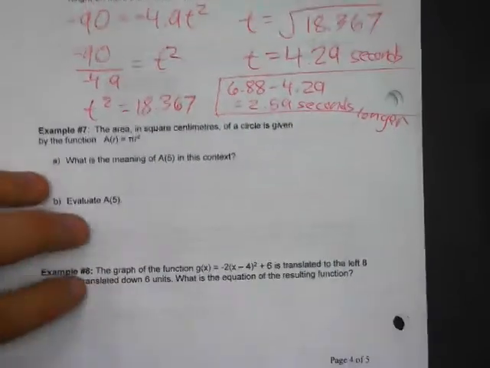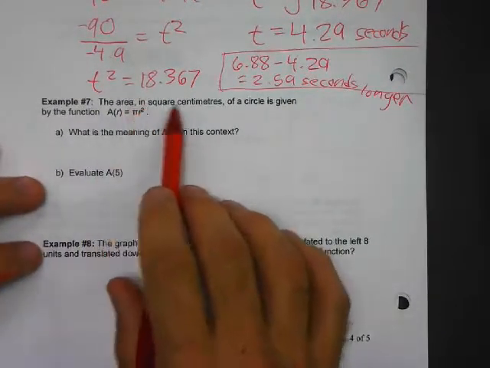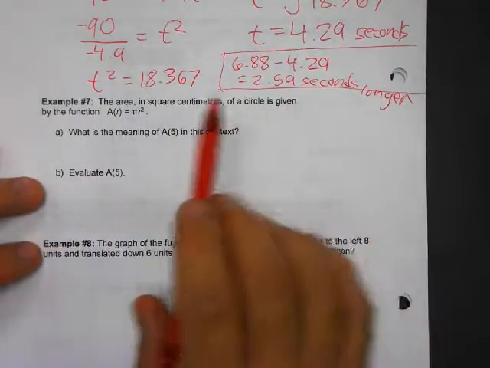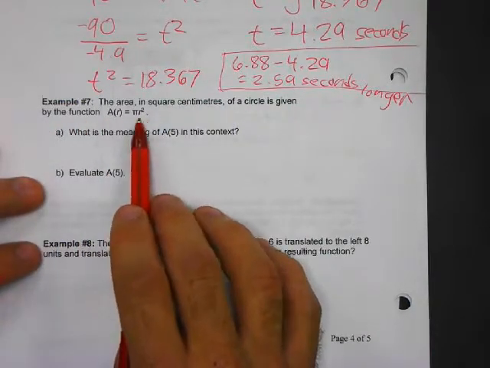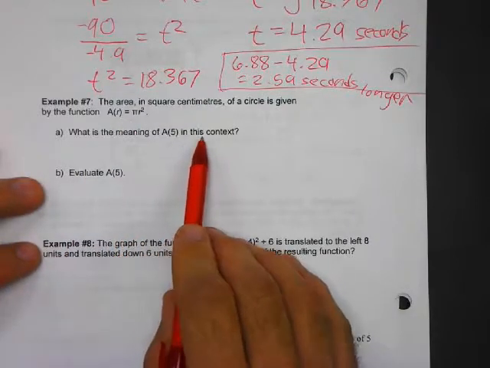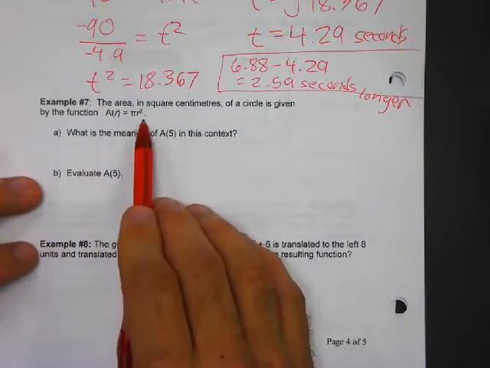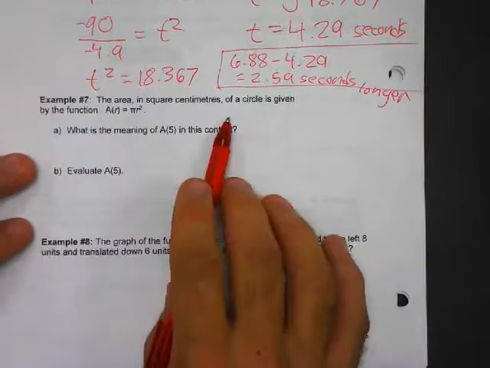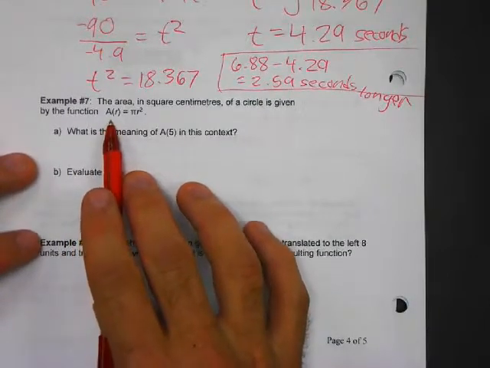Example number 7, they say the area in square centimeters of a circle is given by the function A equals pi r squared. What is the meaning of A of 5 in this context? Well, A of r is this. So A of 5 would just be the area when the radius happens to be 5.